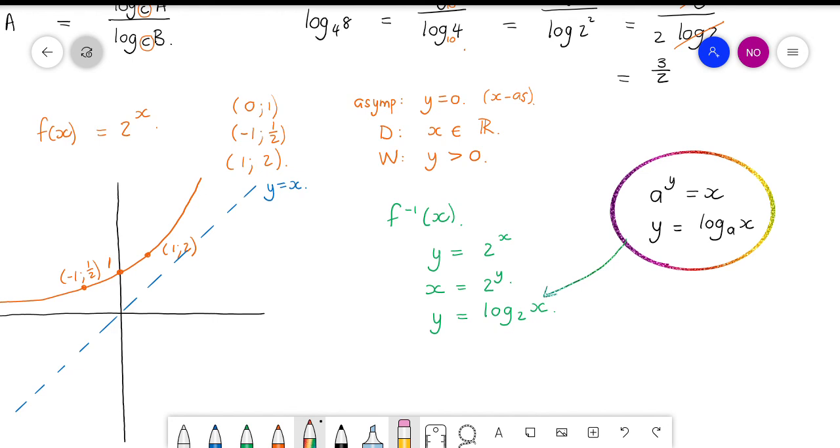Okay, en dit is hoekom julle dit moes oefen Vrydag. Because now you have the equation of your inverse function. Dit is die vergelyking van jou log funksie, jou inverse funksie.